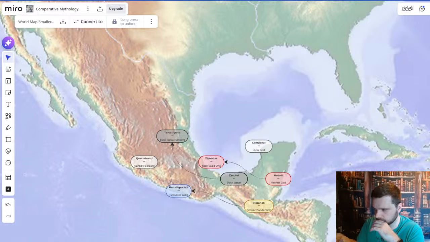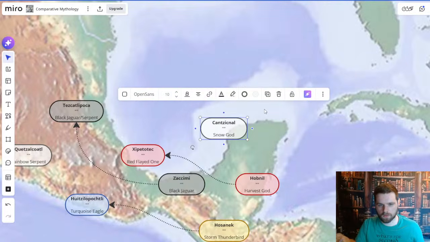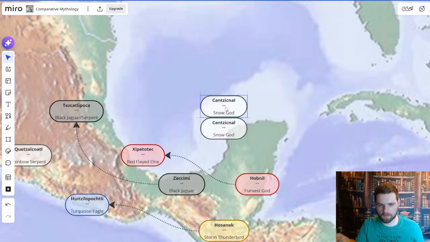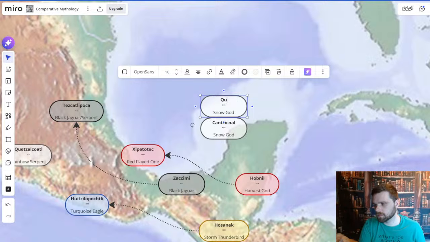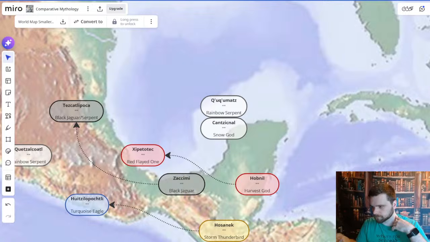And that's Cucumatz. So something I'll put here actually is Cucumatz. It's very similar. Let me ask here if he has a color specifically.